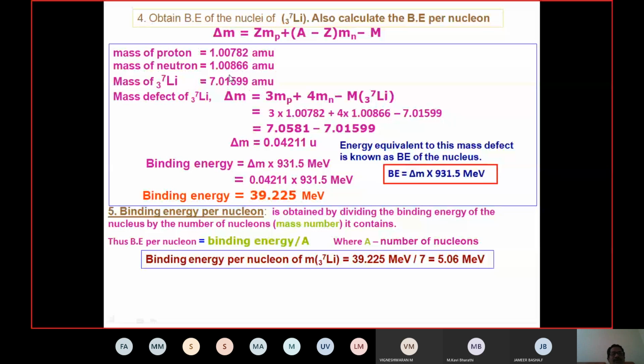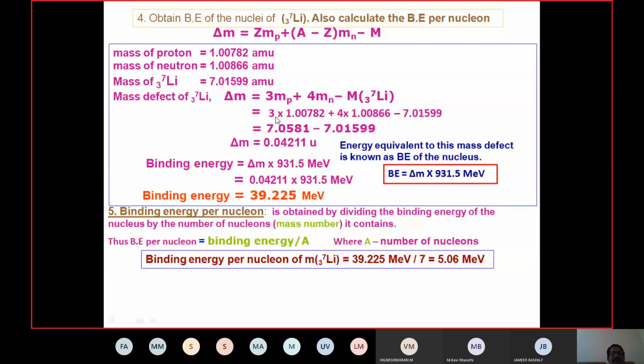Now, what is the formula? You substitute: del m is equal to Z, the number of protons in lithium, which is 3, so 3 times the mass of proton, plus the mass of neutrons. 7 minus 3 is 4, and 4 is the neutron number, so 4 times the mass of neutron, minus the whole mass of lithium.